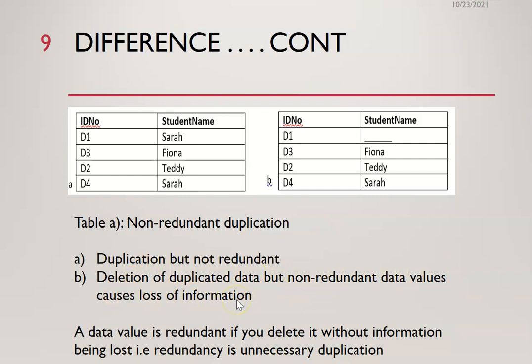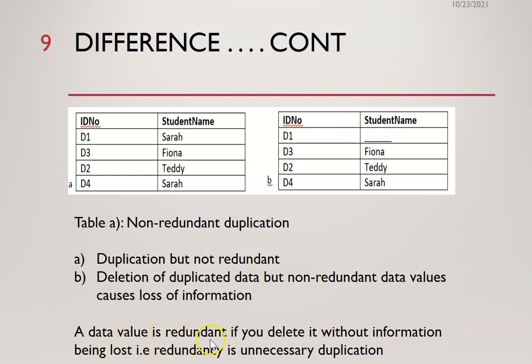That is what I explained in the previous slide. So we are saying by the mere fact that you have deleted Sarah, it means that now we don't have a record of Sarah, or we don't have a record of this student who is supposed to be taking on the ID number D1. So implying that information has been lost, implying that now this data is inconsistent.